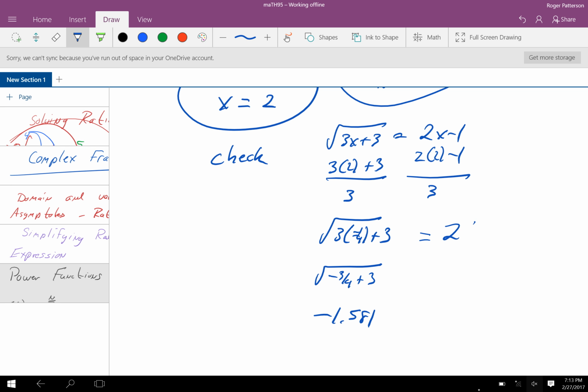Now if I go 2 times negative 1/4 minus 1, I bet that doesn't turn out to be 1.581, but check it out. What is 2 times negative 1/4 minus 1?